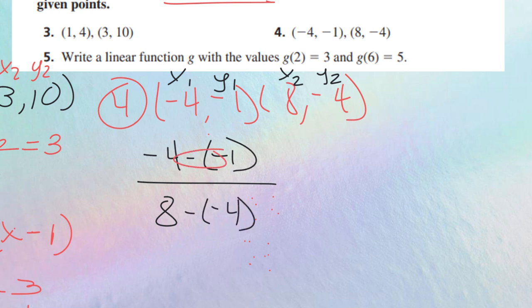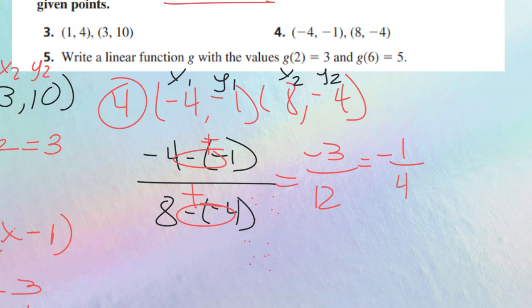I know that these two cancel out, so it becomes positive. So we're left with -4 plus 1, which gives us -3 over, this cancels out as well, 12. This simplified gives us -1/4.